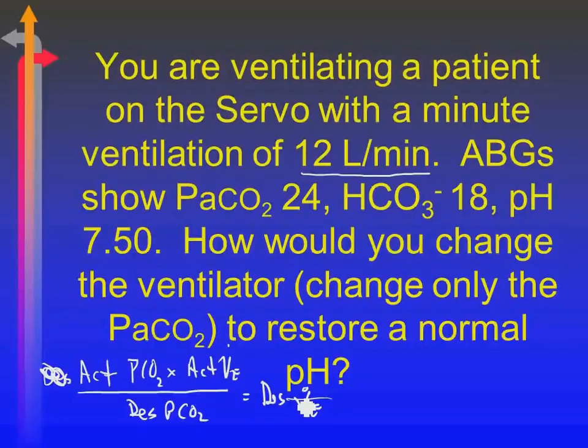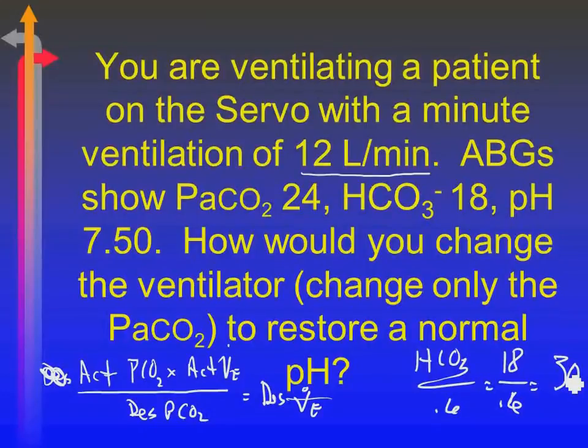What's the first step? Besides dropping the class. What your CO₂ should be. So I'm not correcting to 40. I'm only going to correct to 30.